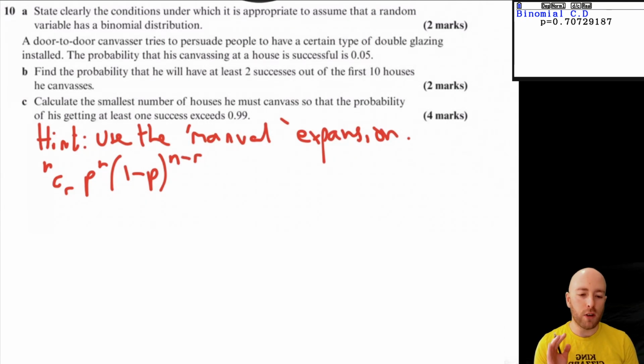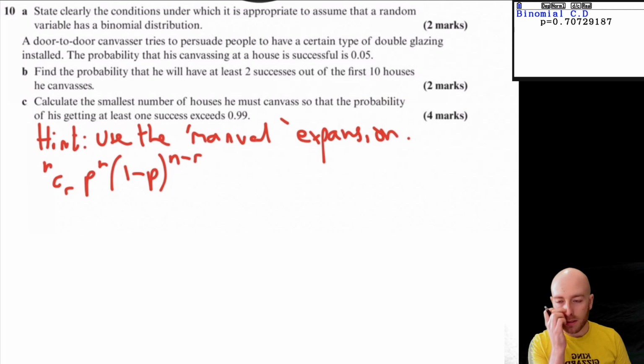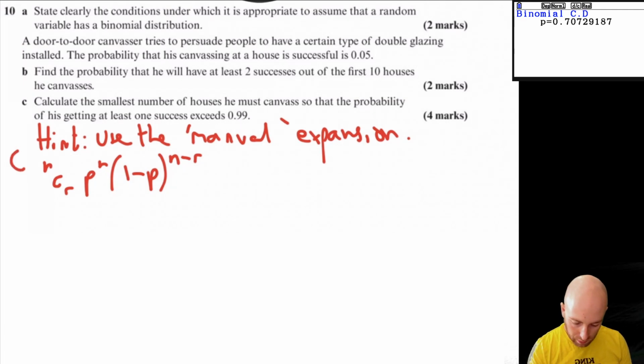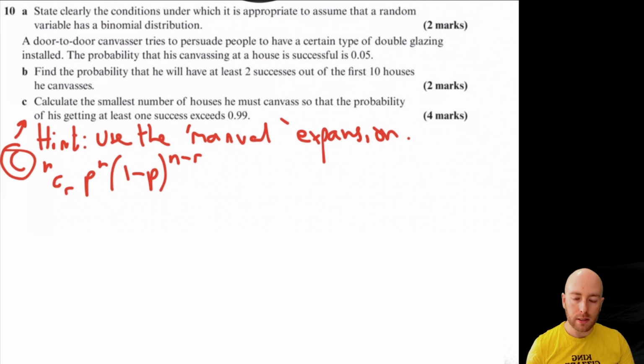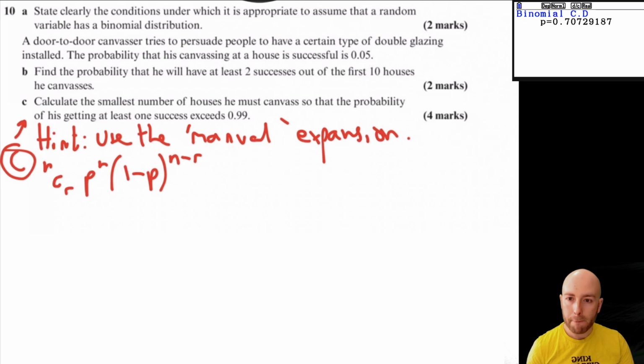The thing we did in the first lecture where we did it manually without the calculator, you need to use for part C. Alright, so 8 minutes starting now. Comment if you need help as well, because this one is quite challenging.